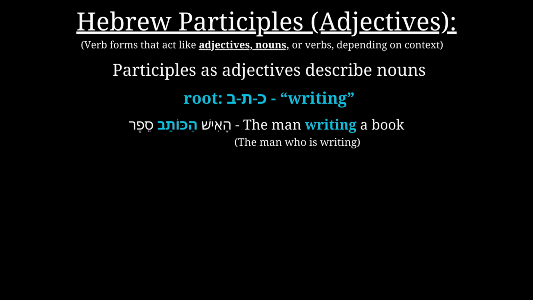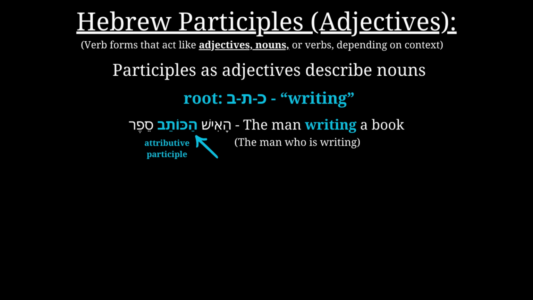In English, the participle form receives letters, but in Hebrew, the prefix ha is added. Grammatically, such a formation that shows a continuous action is an attributive participle, where the word is used like an adjective and modifies a noun.